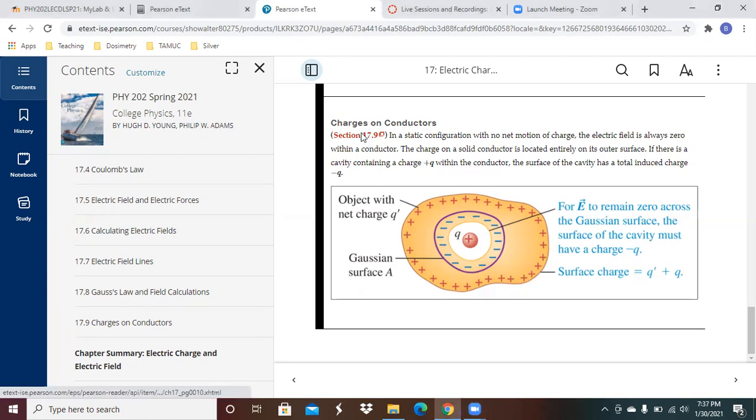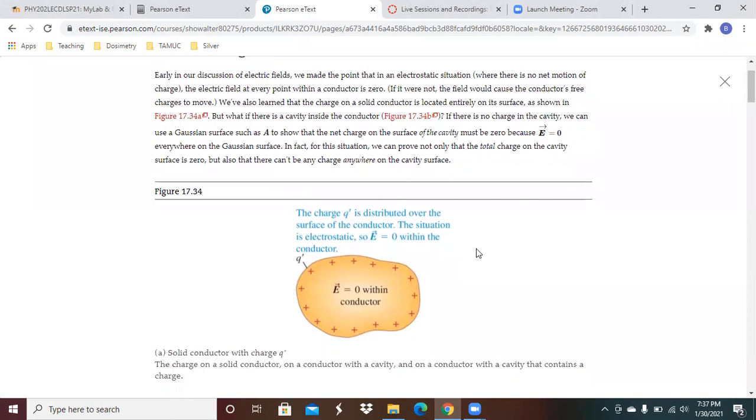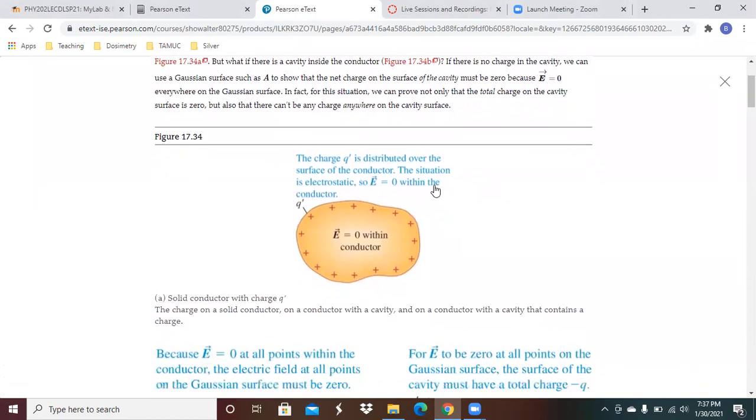So it may sound a little confusing here, but this is just the theory of electrostatics and charges on conductors. So we're going to start out here. We're going to have a conductor, and it's going to have a solid charge Q prime, and that's going to be distributed over the surface of the conductor, and the situation is considered to be electrostatic.